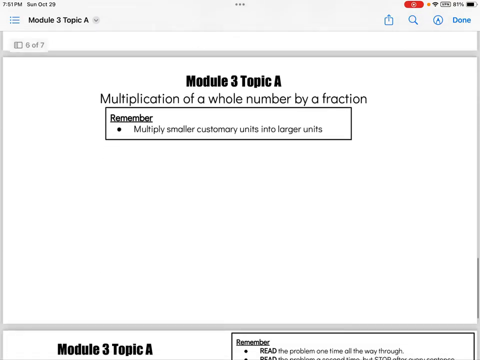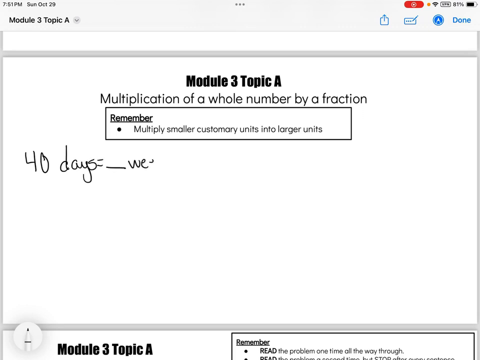So the last one focuses on moving from smaller customary units into larger customary units. And it's the exact same 3 steps. So for this problem, I'm going to look at 40 days equals how many weeks? Again, smaller to larger. Step 1, same as usual, break the unit.